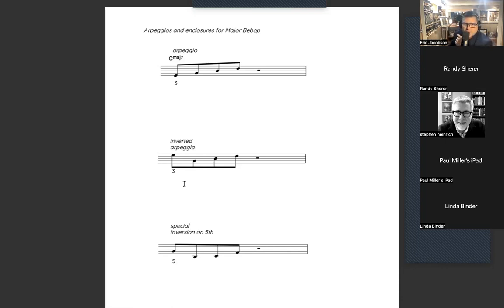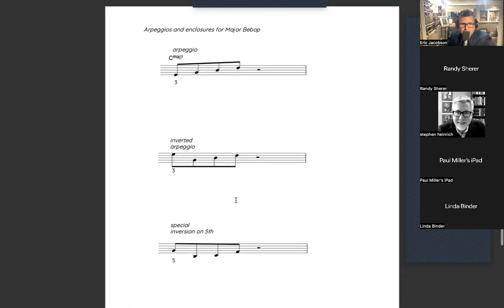Now, for me to play first inversions, sometimes you have to play higher in your octaves in your instrument. That's a good way to practice, and it'll help you reach different octaves for you.